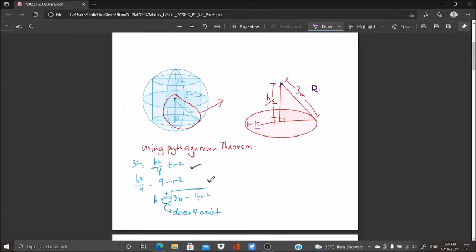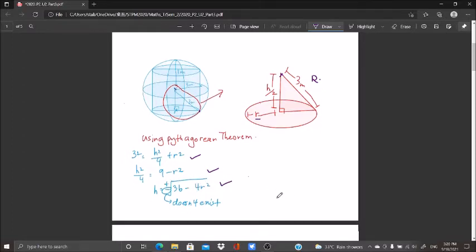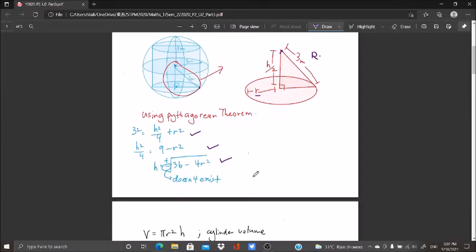When we square root both sides, h equals plus square root of 36 minus 4r squared; negative doesn't exist because length cannot be negative.